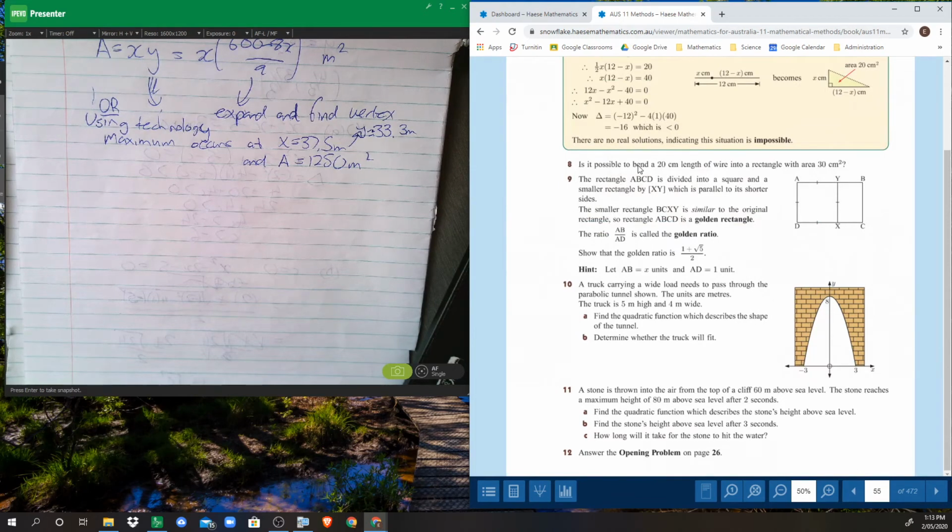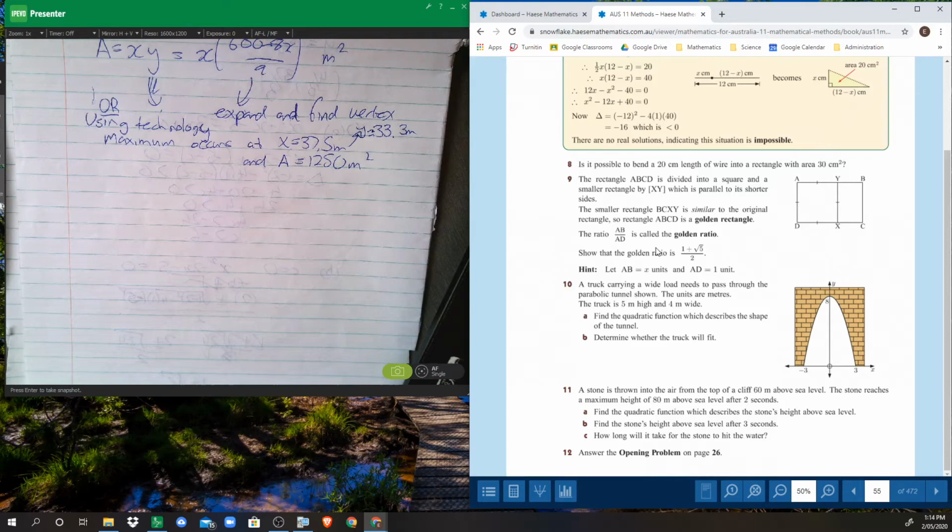Rectangle ABCD is divided into a square and a smaller rectangle. It's the golden rectangle. Oh, I see.